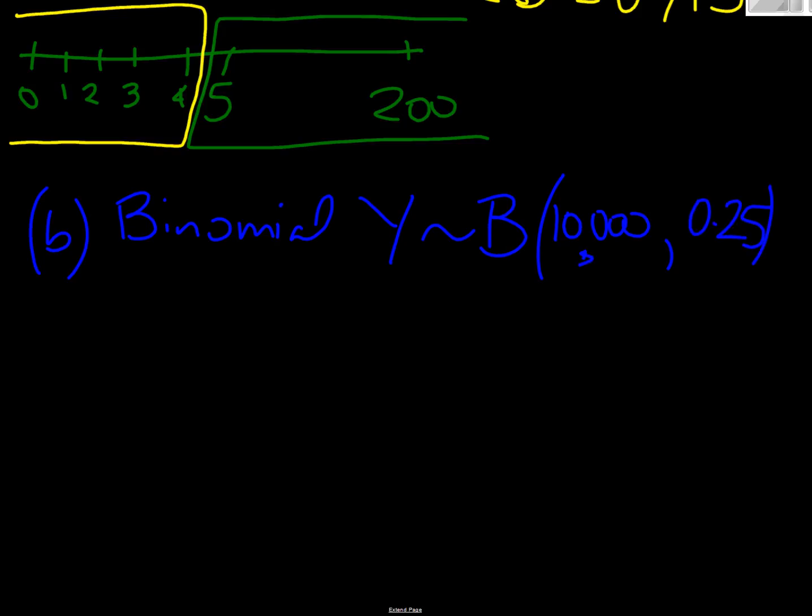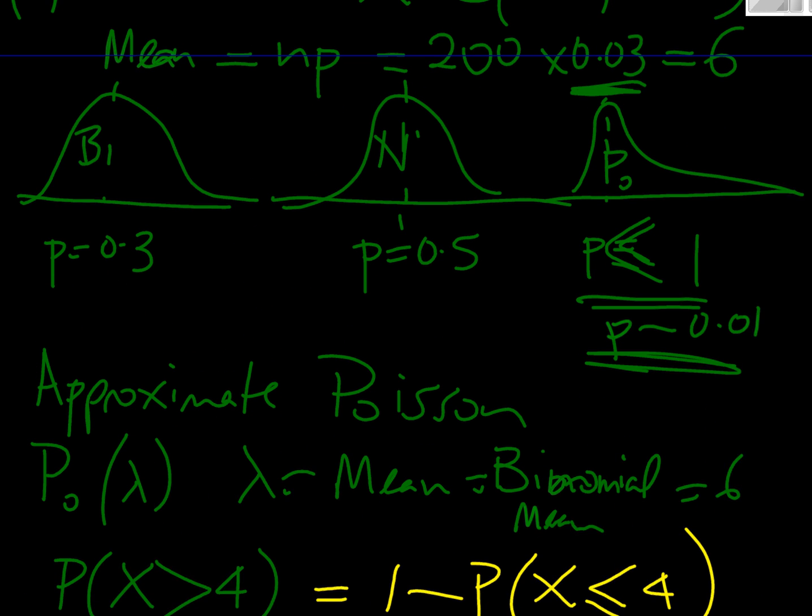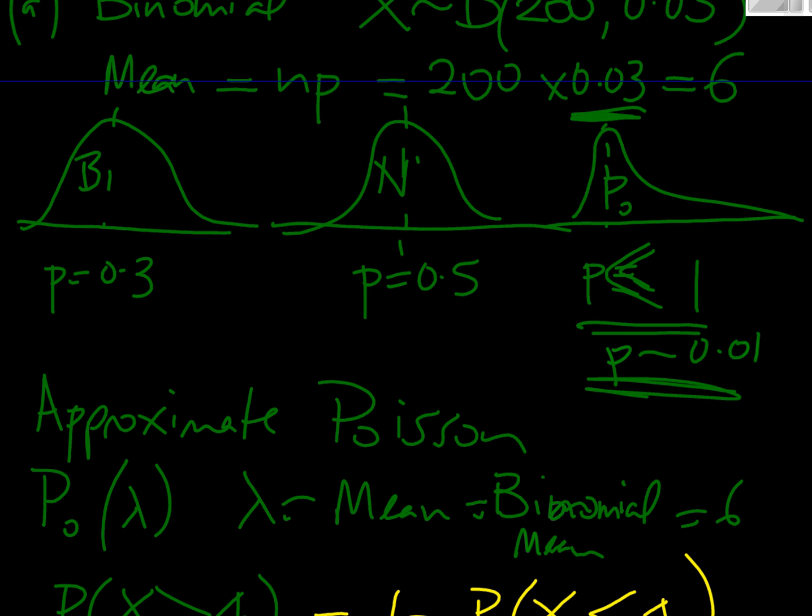So going back to what we were looking at earlier, the 3 types of distribution we've got. Our Poisson was for a very low probability, our normal is for one around 0.5, and our binomials tend to have probabilities around 0.3, something like that.